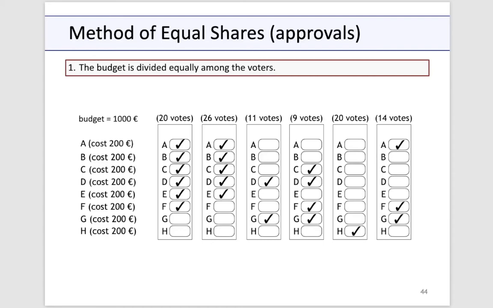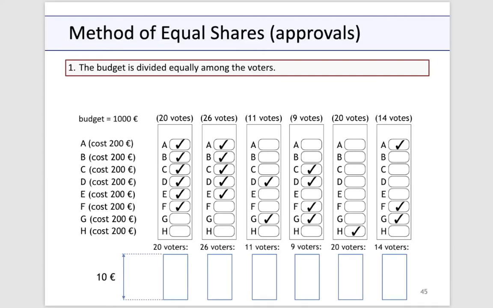In the first step of the method of equal shares, the budget is divided equally among the voters. The budget is 1000 euros, there are 100 voters, so this means that each voter gets 10 euros. In the next steps, for each project, we do the following calculation.